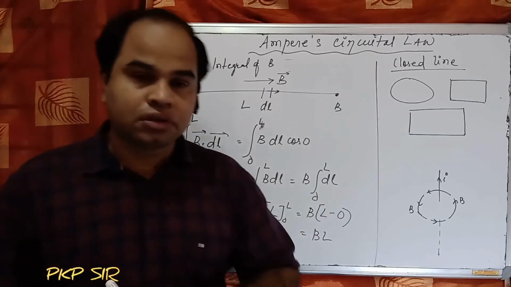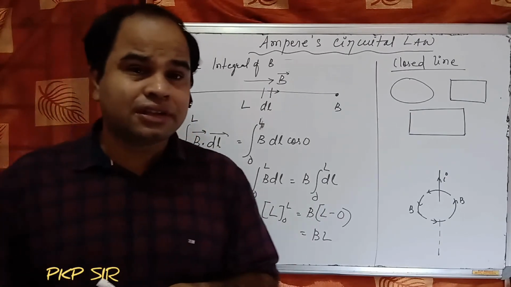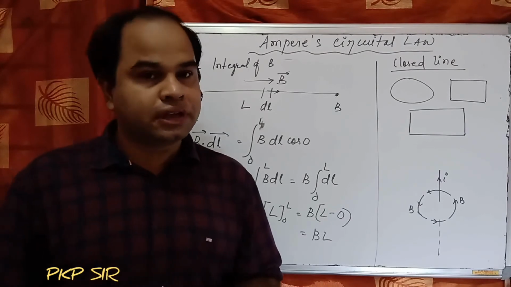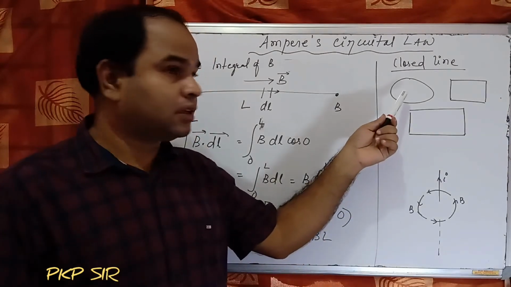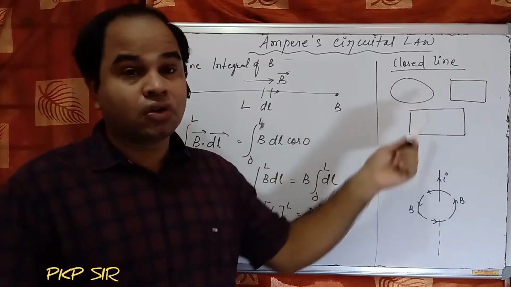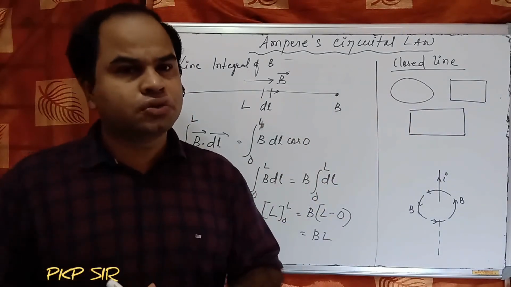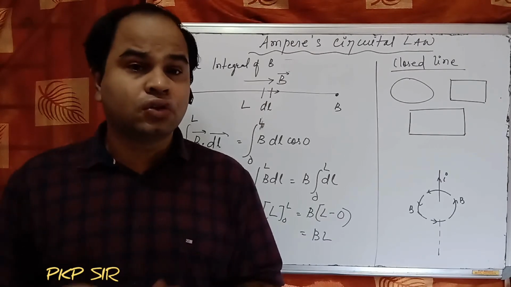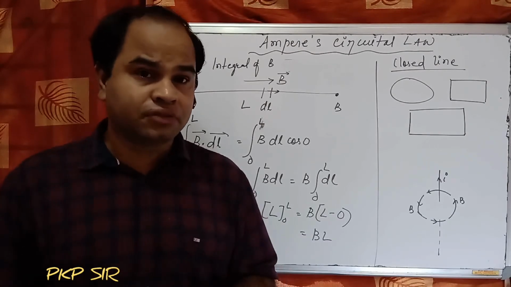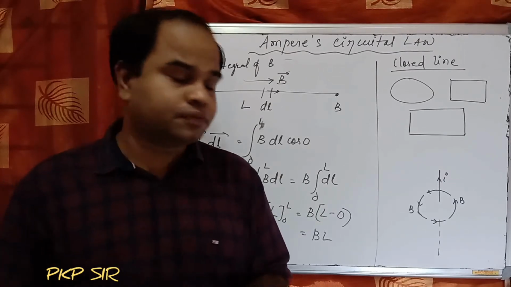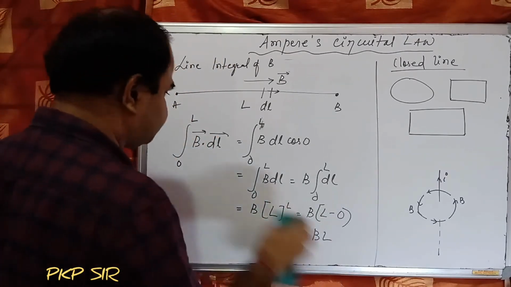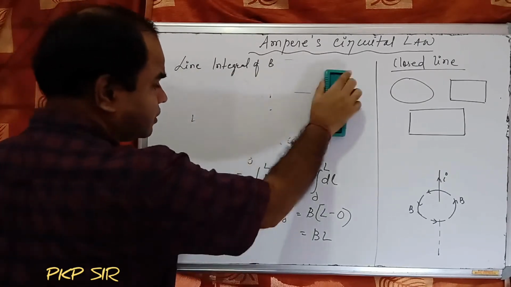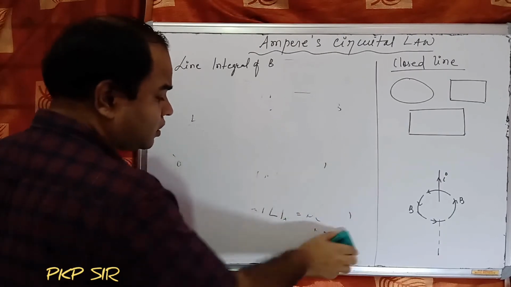However, when you consider a closed line, a closed line can be a circle, a square, a rectangle, or any closed figure. Next we will find the closed line integral of magnetic field by taking an example. Let us consider a straight current carrying conductor carrying current in upward direction.